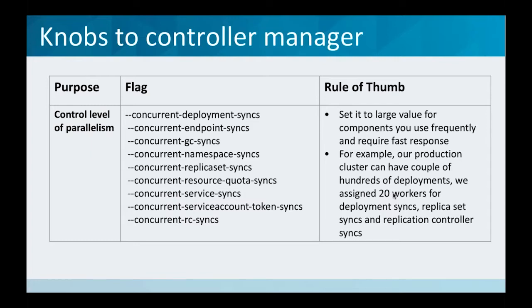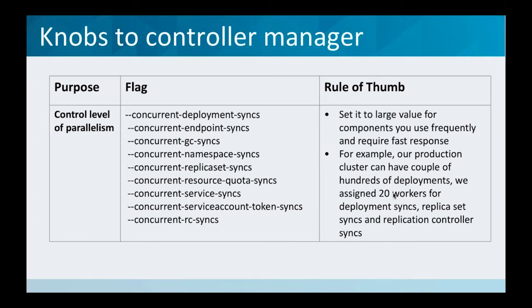So let's go to the controller manager. The controller manager provides us with more fine-grained ways of controlling concurrency. More concurrency means there are more workers to process a single type of object at a time. We started with default values again, and we increase the value if we see there are more spare resources on master, or for the components we use more frequently.